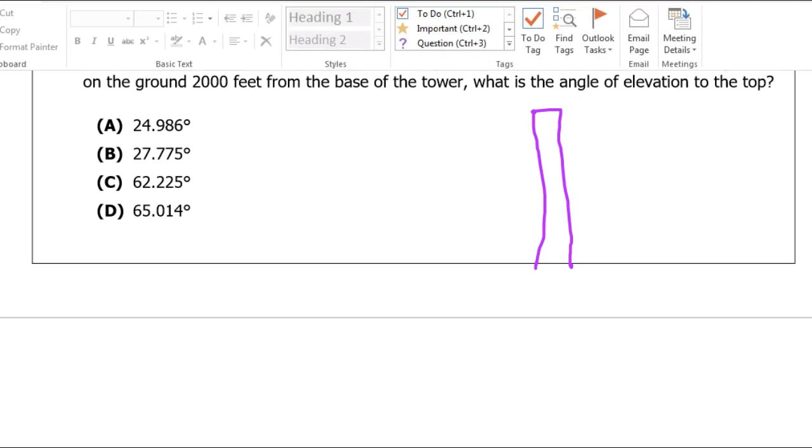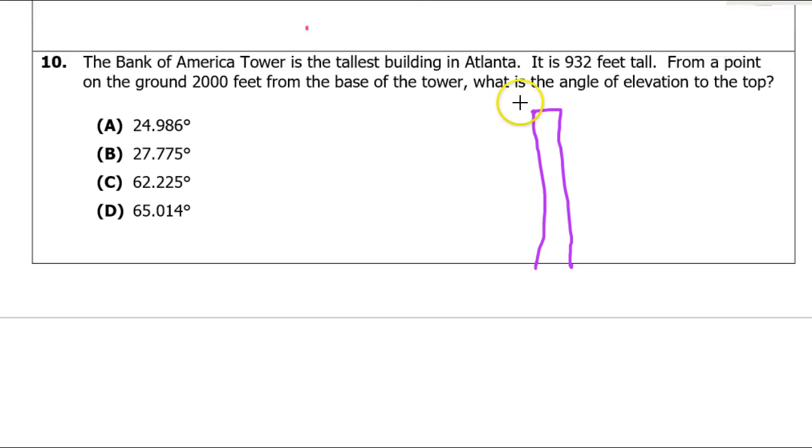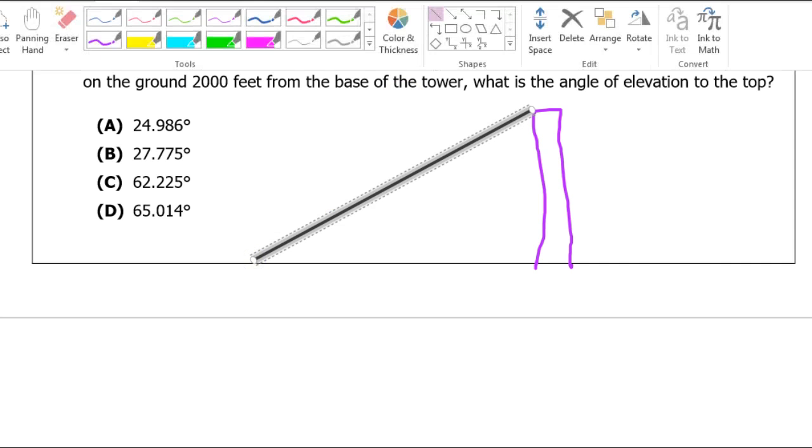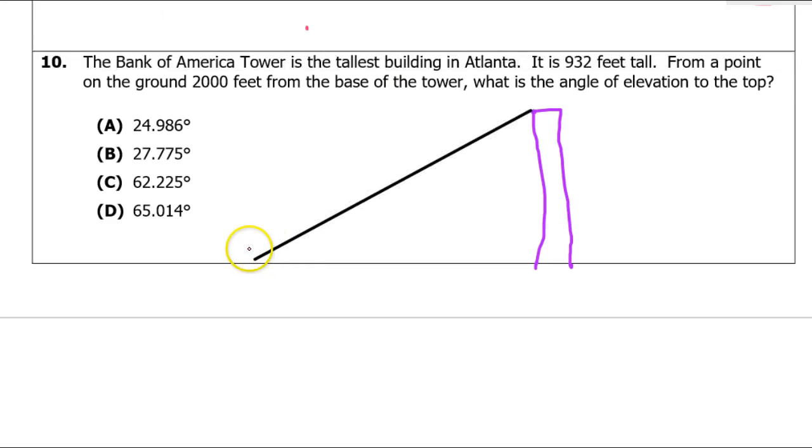So let's draw the line of sight to an observer that's over here on the ground. So here's an observer, and the building is 932 feet tall.